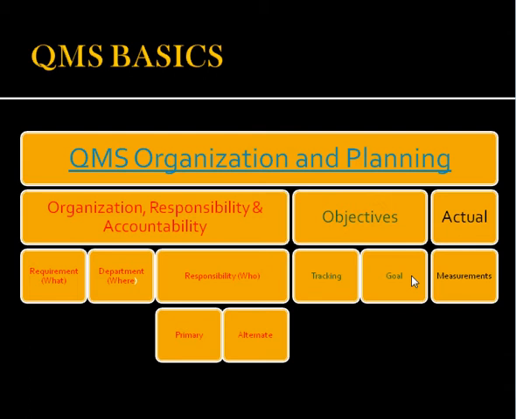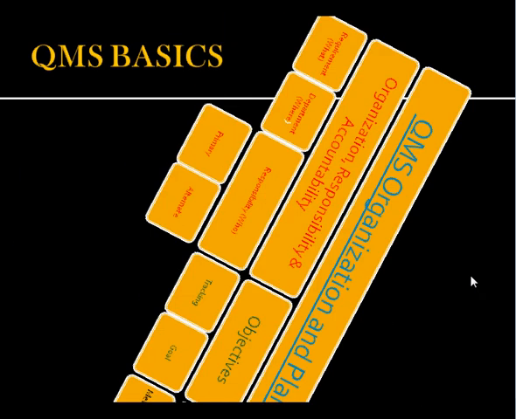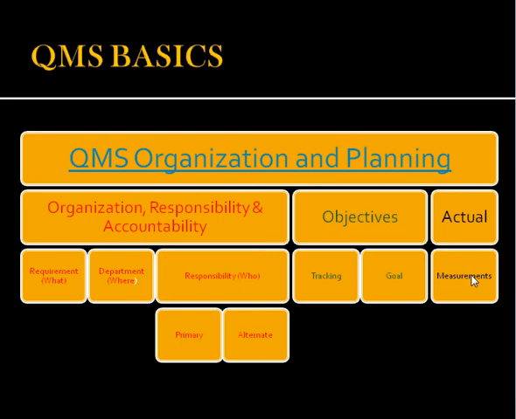I'm going to give you an example of what one of these looks like on a spreadsheet. Here's an example of a quality management system on a spreadsheet. As you can see, we have a column for the quality system requirements, the department, who in the department, who's the alternate, whether there is any document associated with that form, and what report they issue at least on a monthly basis.